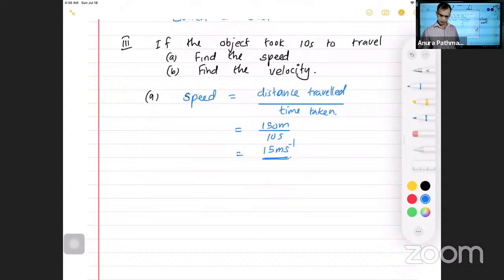Part B, velocity equals displacement divided by time.